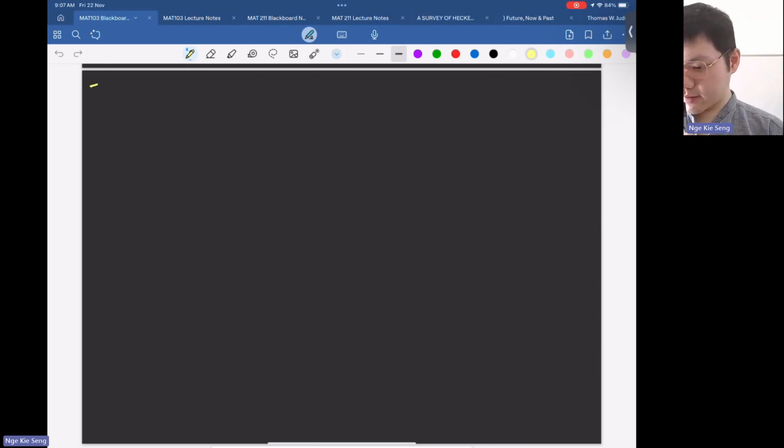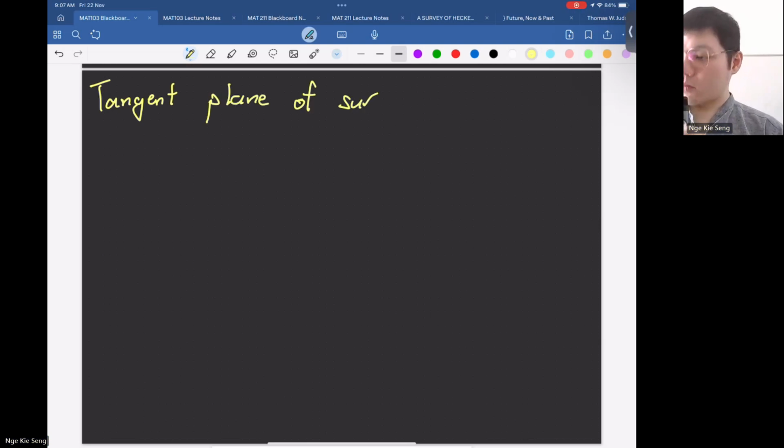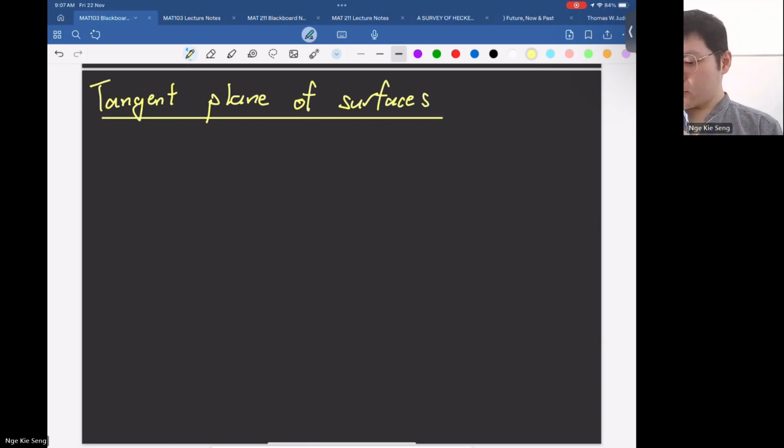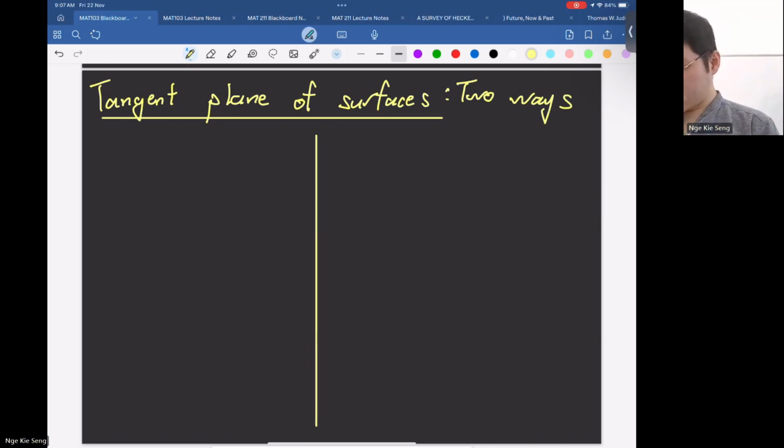So let's revise the tangent plane of a surface. So basically, there are two ways to do this. One way is we speak of a surface as a level surface.